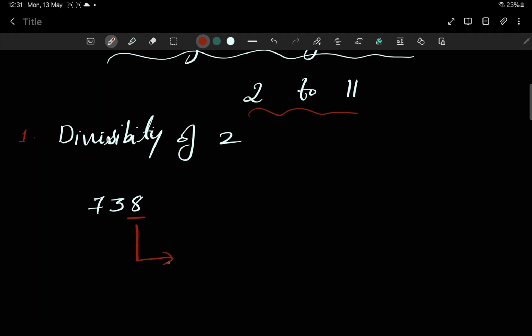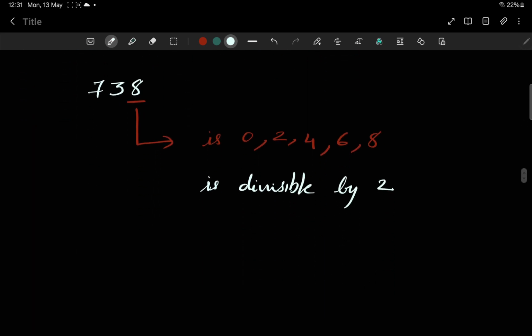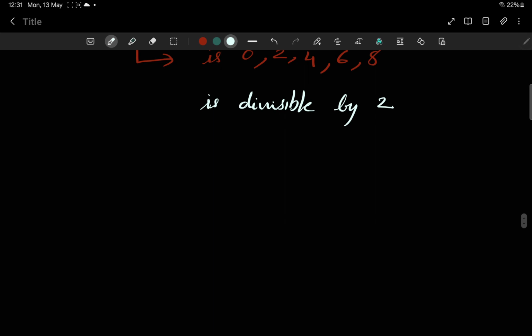If the unit digit is 0, 2, 4, 6, 8, then that number is divisible by 2.